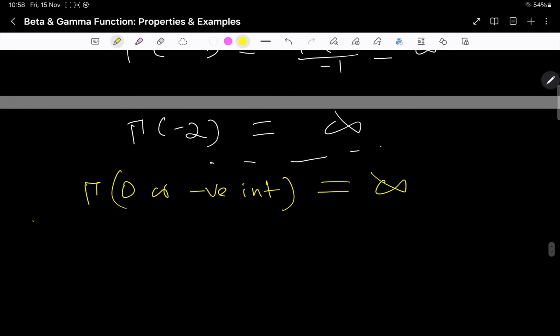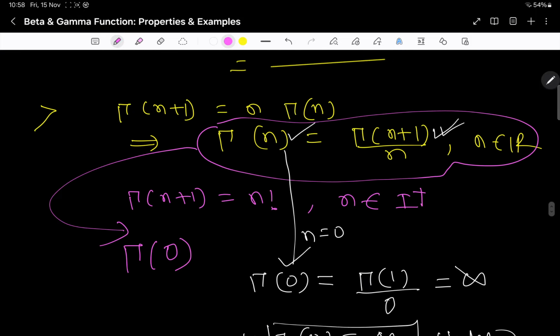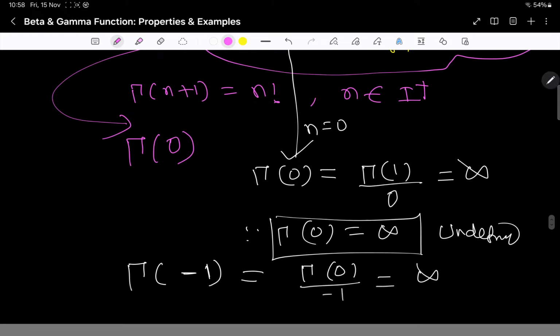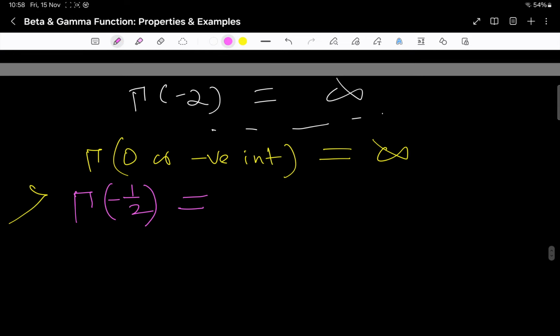But now the question is, if I ask what is gamma of minus half? If you put n is equal to minus half, then gamma of n is gamma of n plus 1 by n.